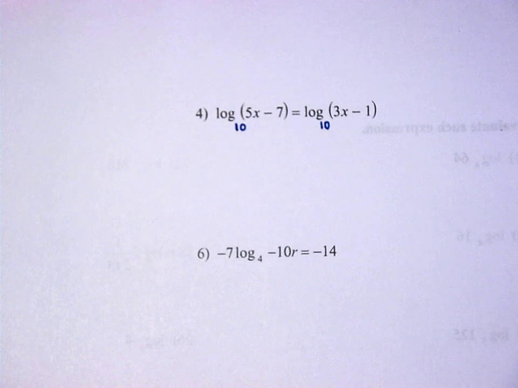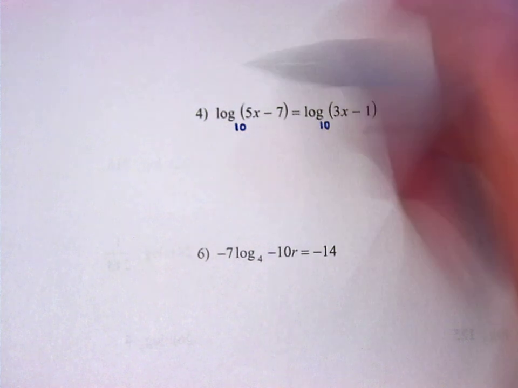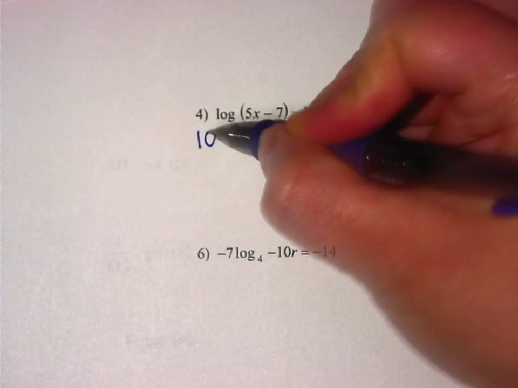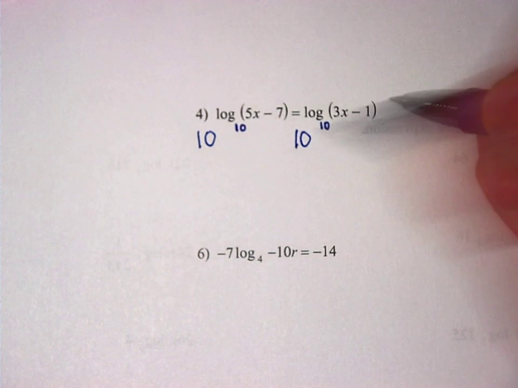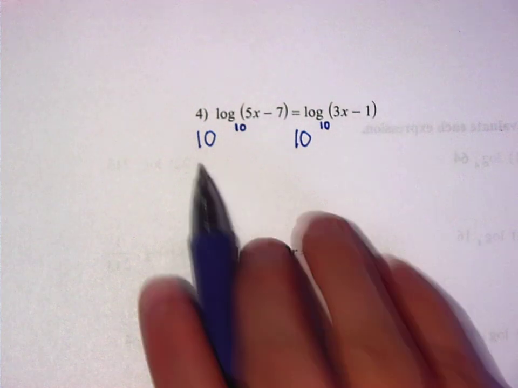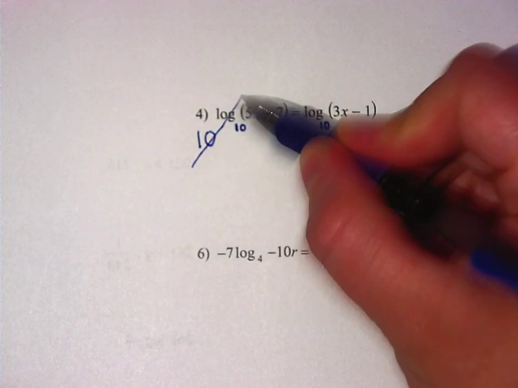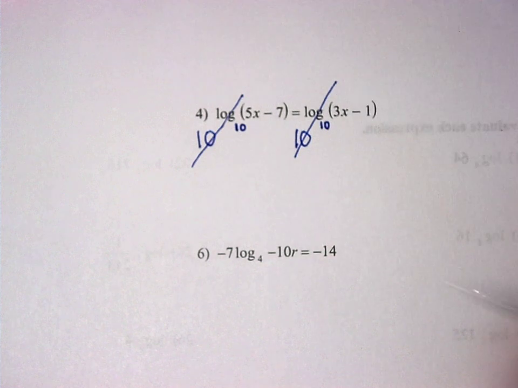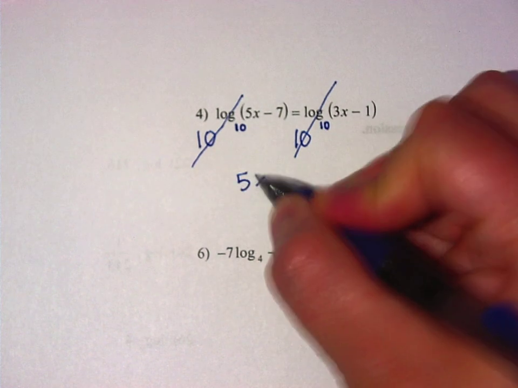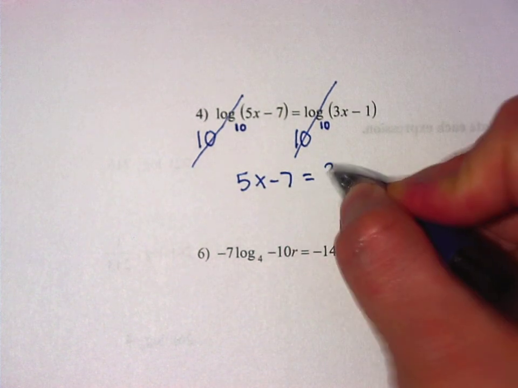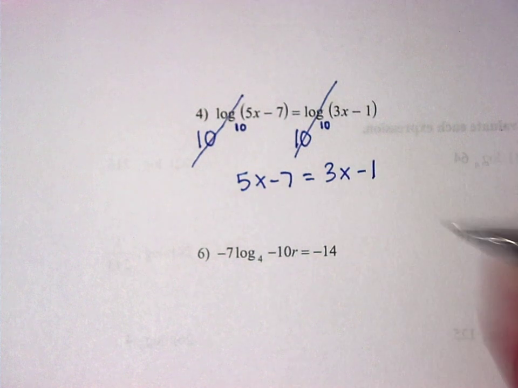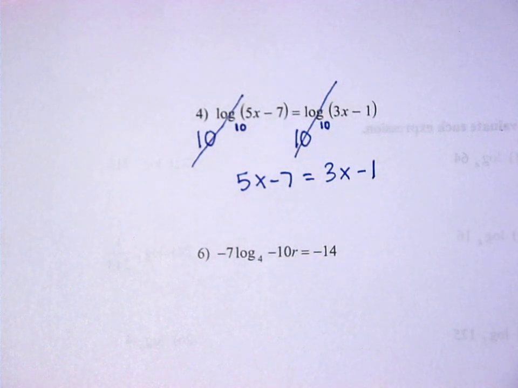What's the opposite of a logarithm? Exponential, which means I'm going to put a base 10 down on either side, and that will cancel out. This right now is like 10 to, like this is all in the power, and that actually cancels out both of these. So I can just say 5x minus 7 equals 3x minus 1, which I hope you can solve.